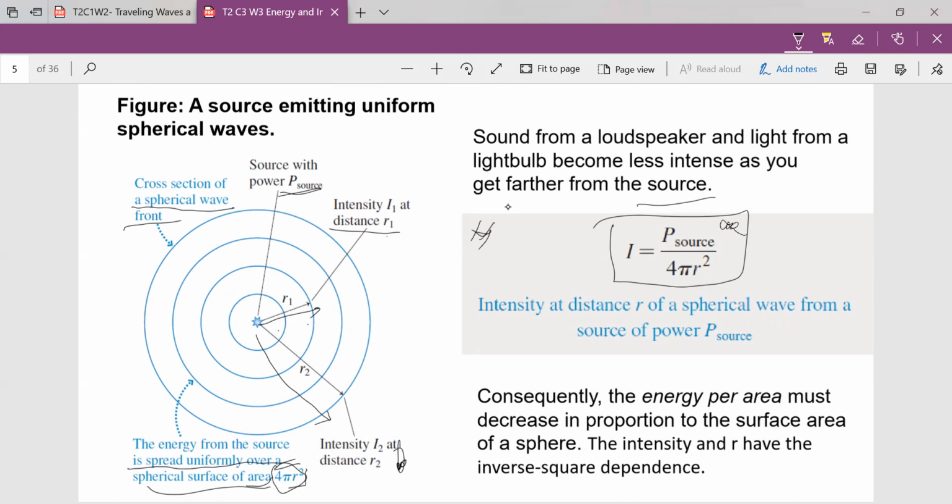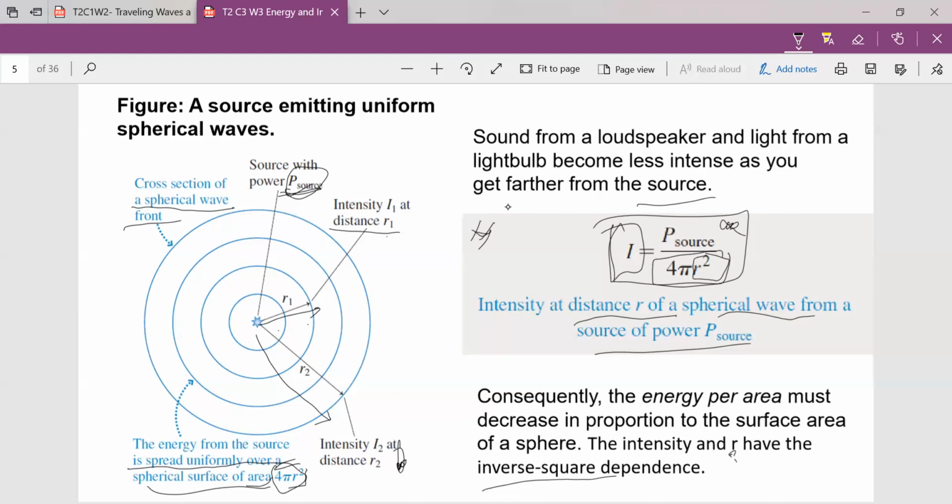If we define the power to be P source and the area to be 4 pi r squared, which is the area of a sphere, the intensity at distance r of a spherical wave from the source is given as I equals P source over 4 pi r squared. What we mean by that is the intensity has an inverse square dependence on the distance r. You can see it's inversely proportional to the square of the distance r.